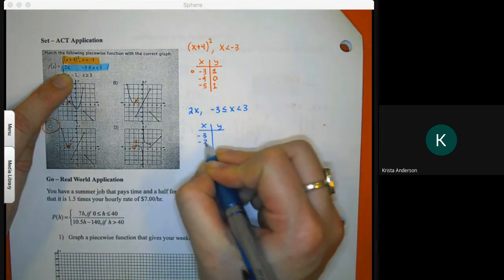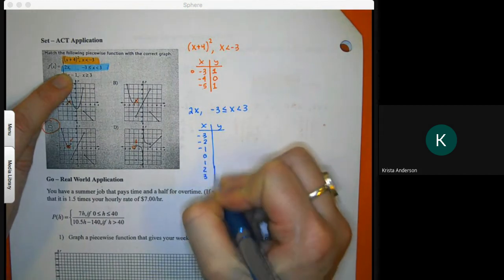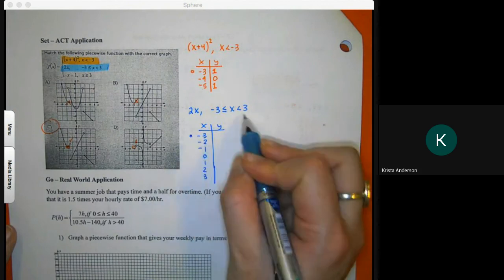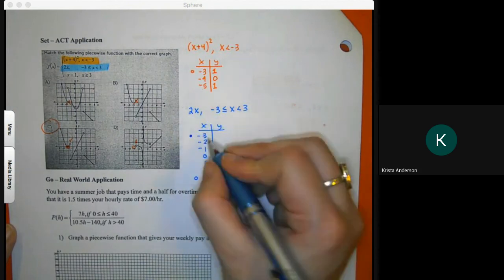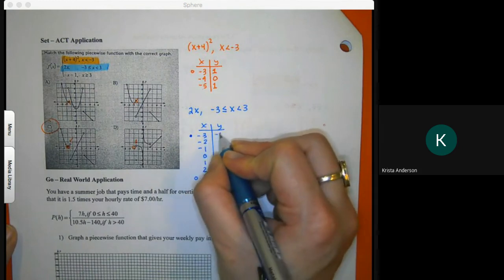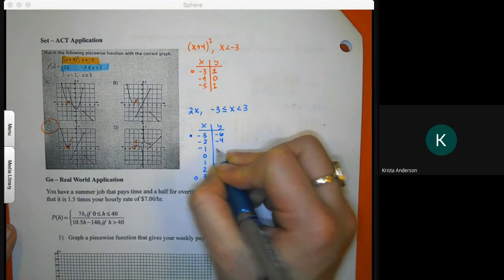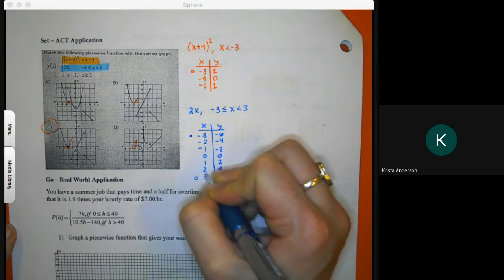-3, -2, -1, 0, 1, 2, 3. This is a closed dot. This is an open dot. 2 times the number. 2 times -3 is -6. 2 times -2 is -4. Times by 2, times by 2, times by 2, times by 2.